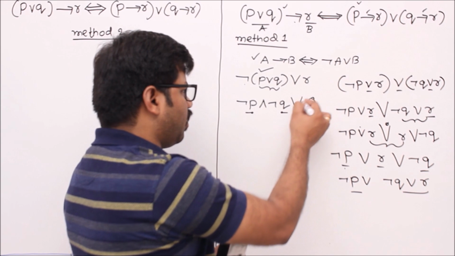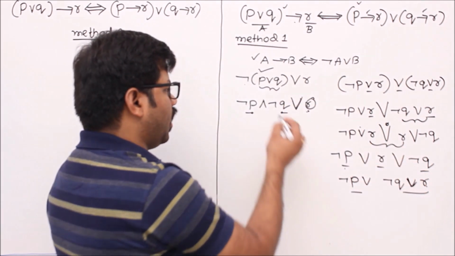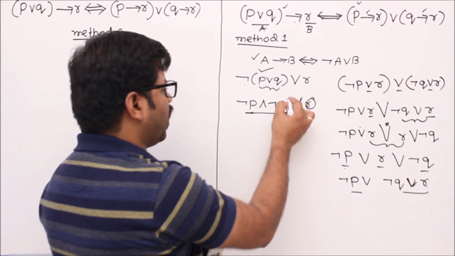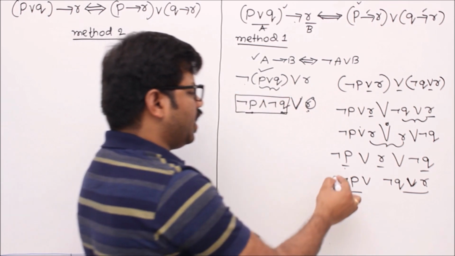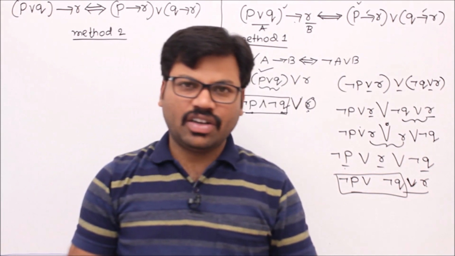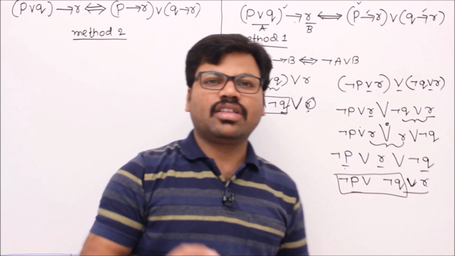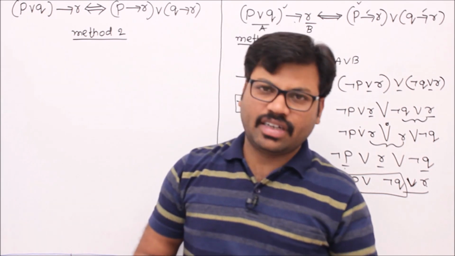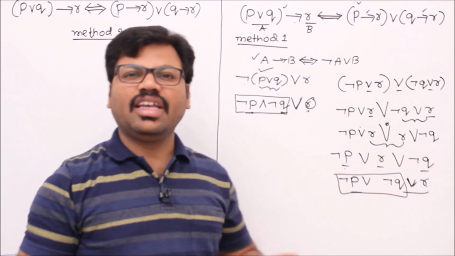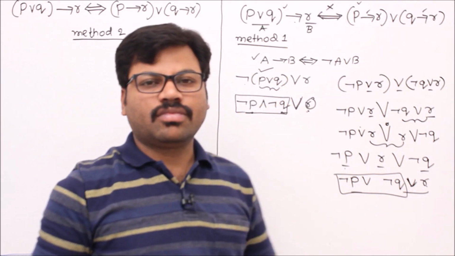We have R, and the remaining formula is negation P and negation Q, but here we have negation P or negation Q. Are they equivalent? No, right? So R or something, but that something and something are not equivalent. Then these two formulas cannot be equivalent. That's why this equivalence is wrong.